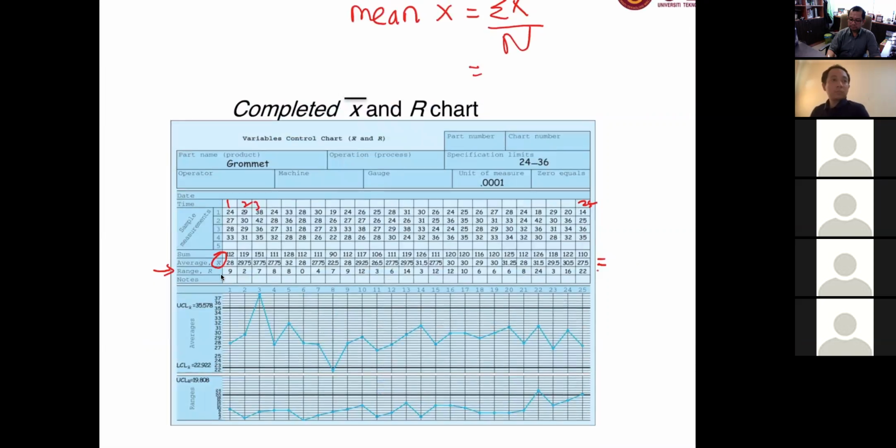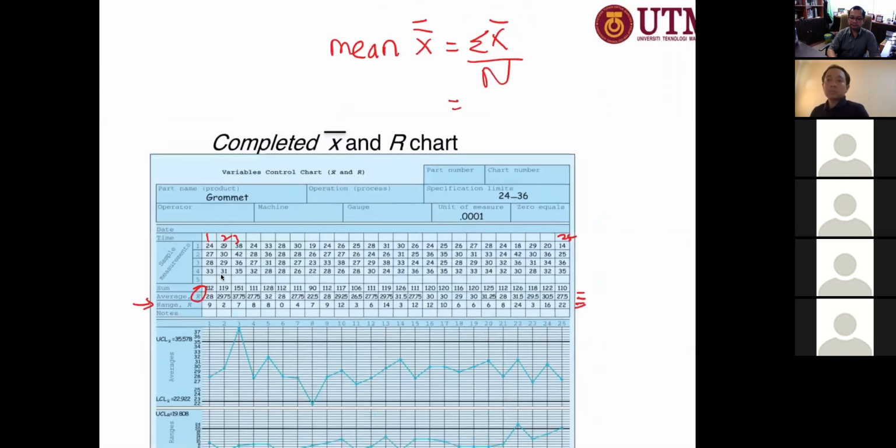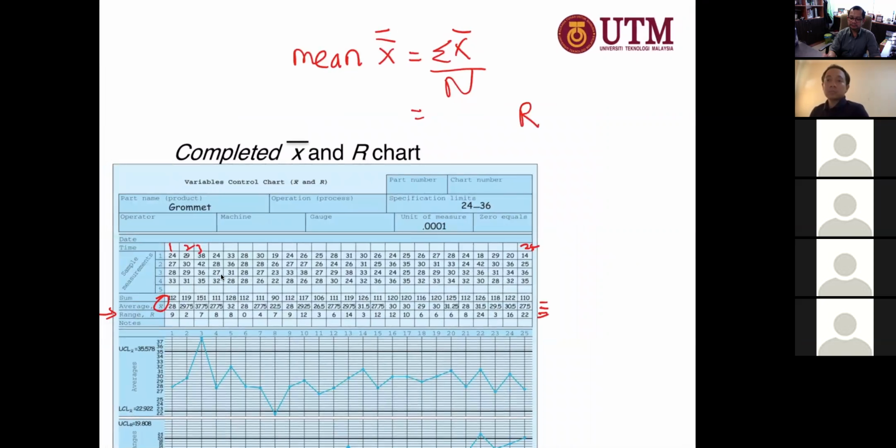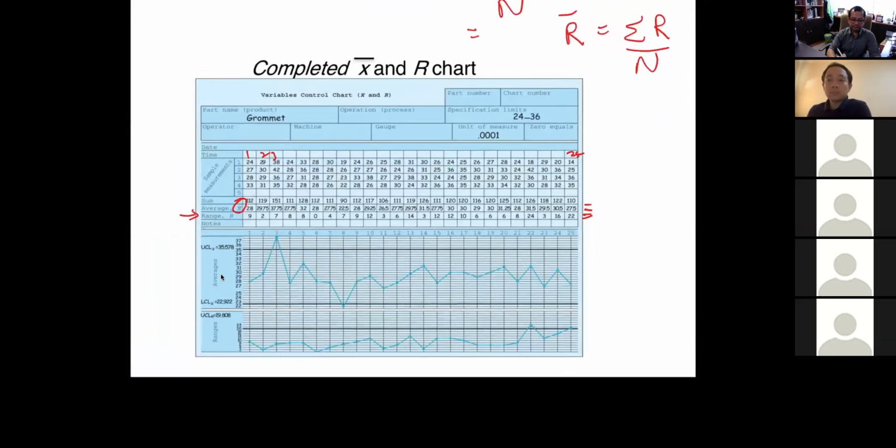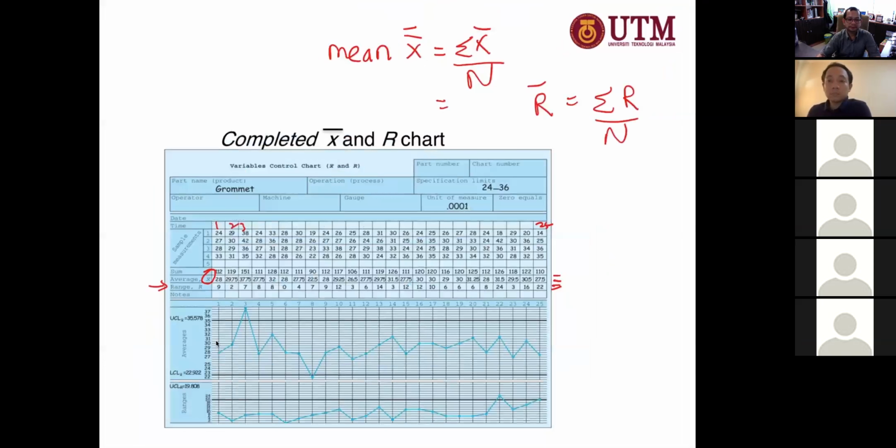We need to total this, divide by 25 to give us mean for R. So when we have this, we can plot this line. Mean for R and mean of mean. X double bar, mean of mean.